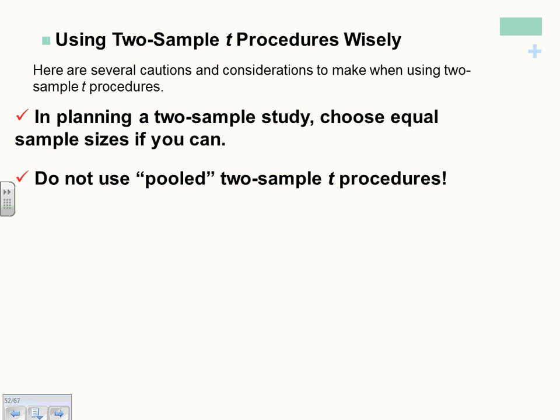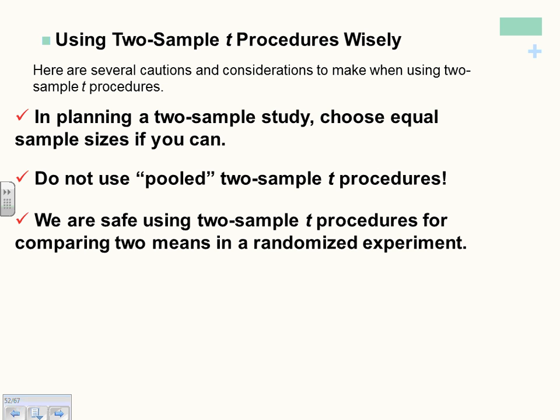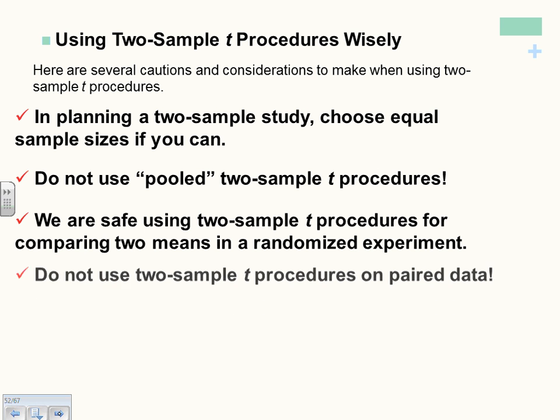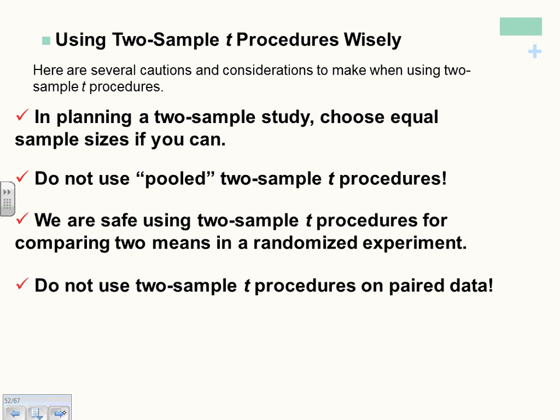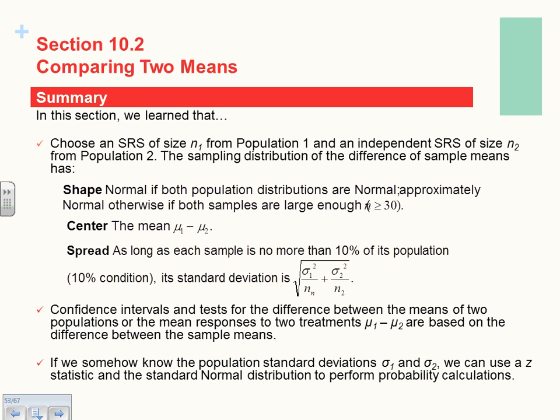Choose equal sample sizes if possible. Do not use pooled. Make sure you're not doing paired data, because that would just be a one sample. And here's your summary.